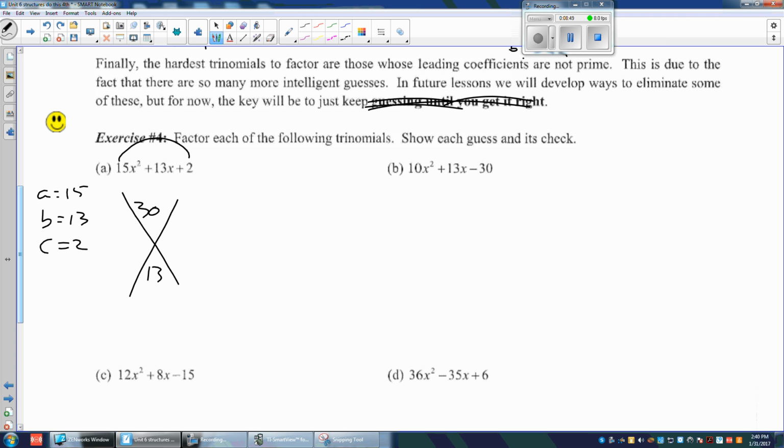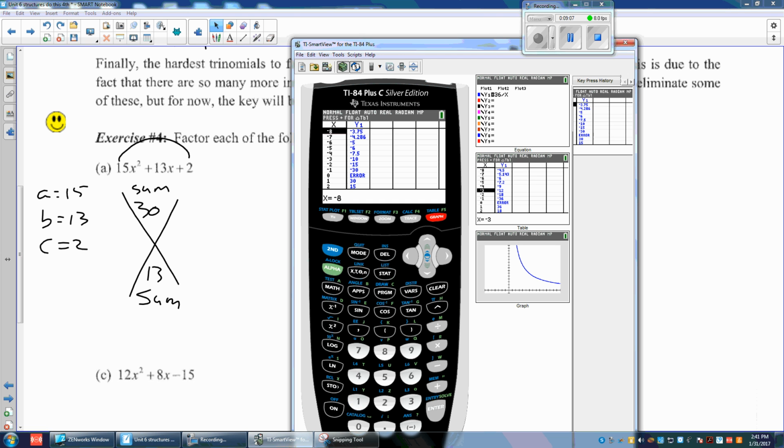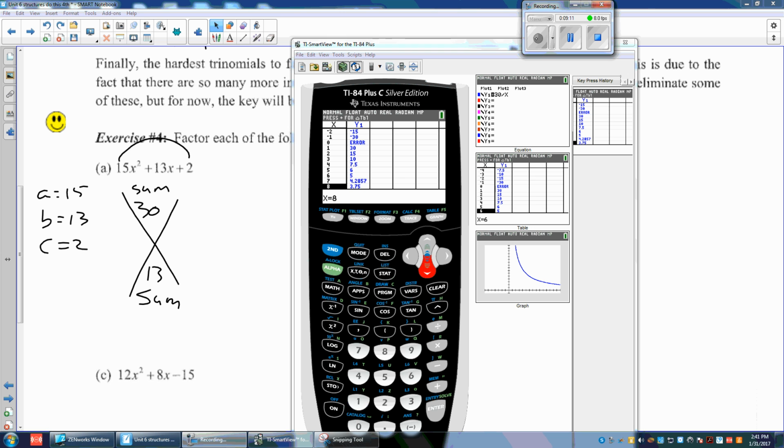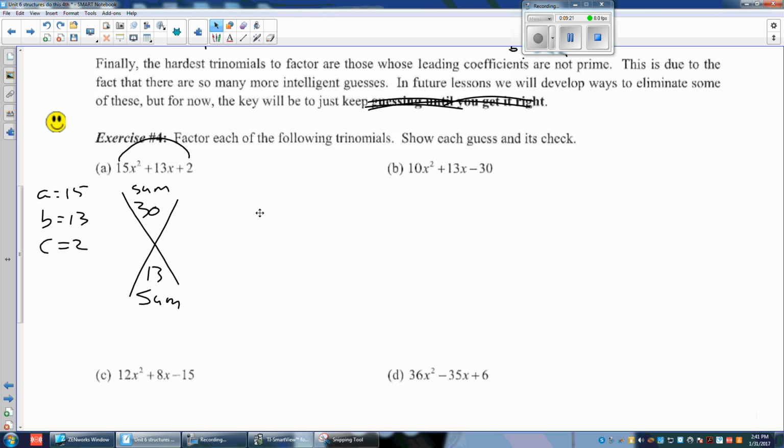Now, what two numbers multiply to be 30 and add up to be 13? Remember, this is the sum. We know that it's 10 and 3, but just to show you, remember that you can do 30 divided by x, hit the graph, hit the table, and we keep on checking them, and then we see that 10 plus 3 is 13, and 10 and 3 are factors.